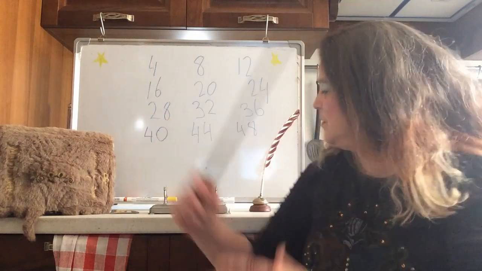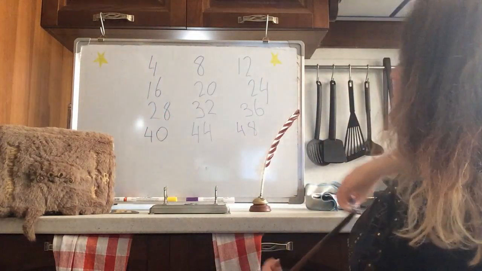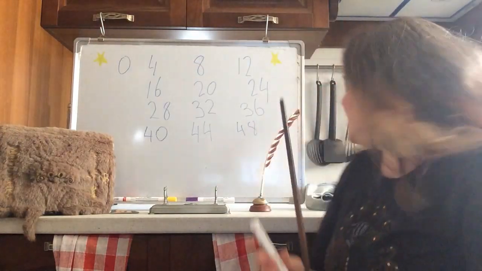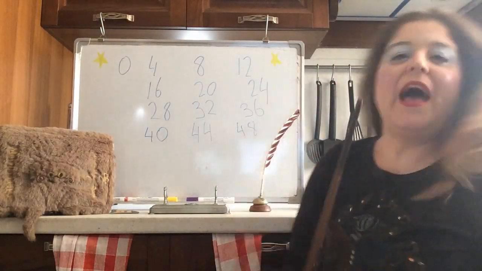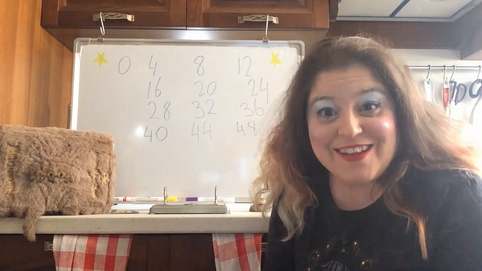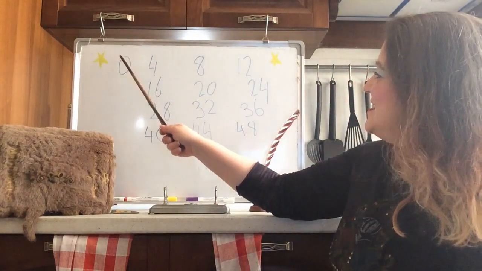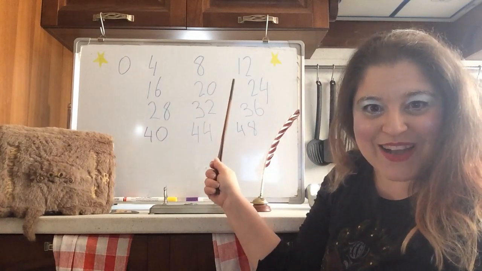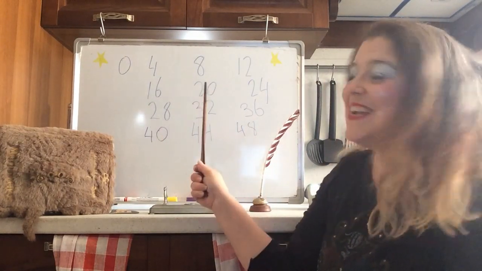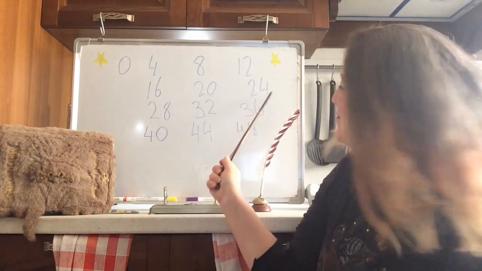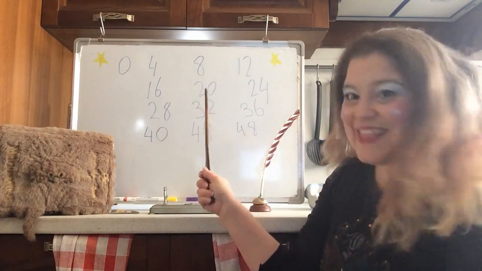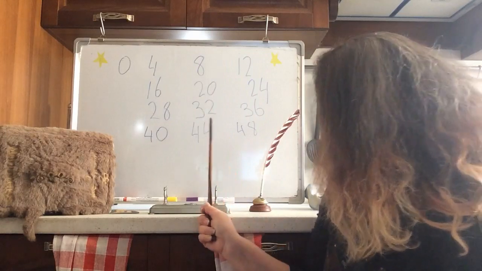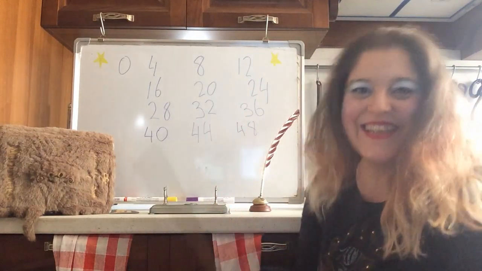Starting from 0, let's add that 0 to the beginning, because we remember that 0 is part of it, and going until 48. Are you ready? Here we go. 0, 4, 8, 12, 16, 20, 24, 28, 32, 36, 40, 44, 48.